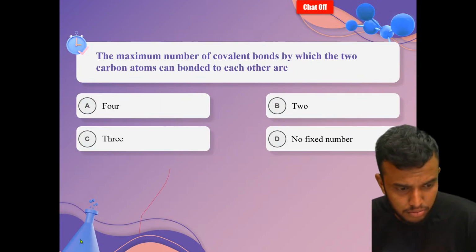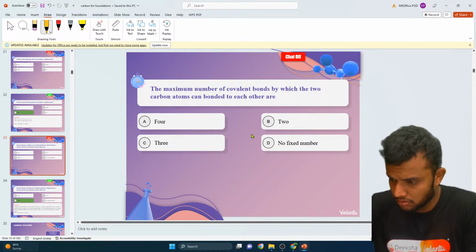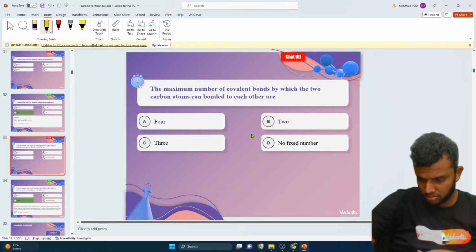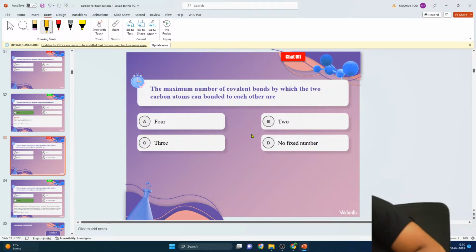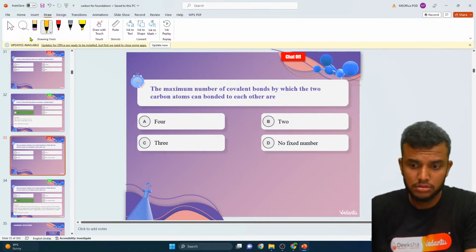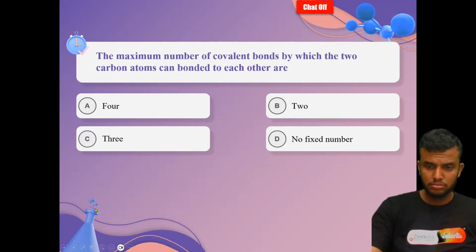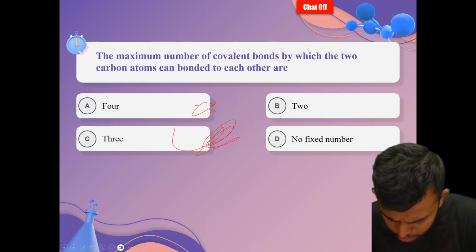One second. Also doing the same thing. Any problem?